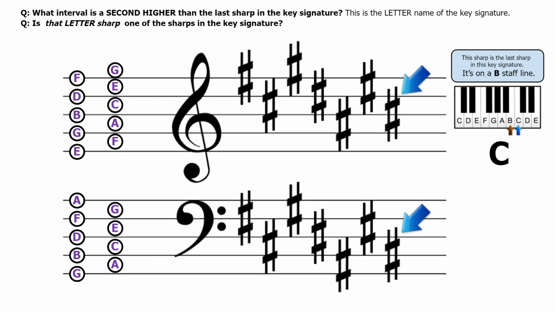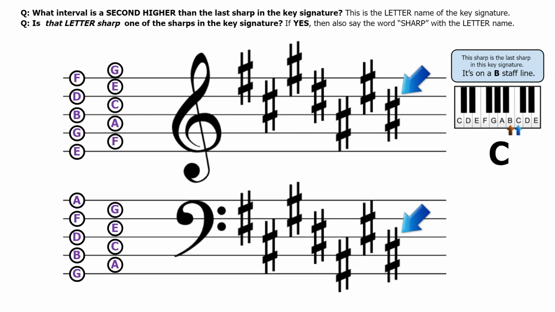Is that letter sharp one of the sharps in the key signature? So look at the sharps in the key signature again. We know the name of the last one is B, but what about the others? Is one of those a C sharp?